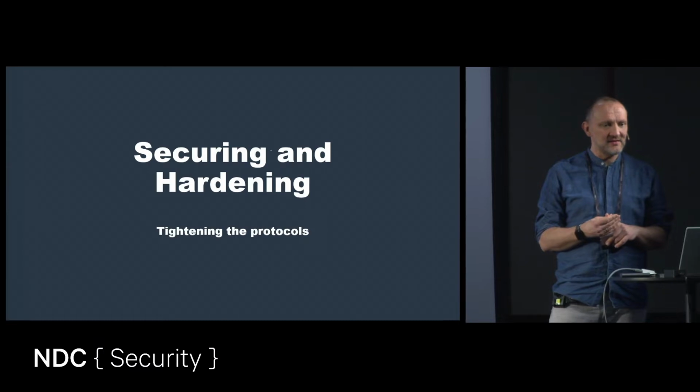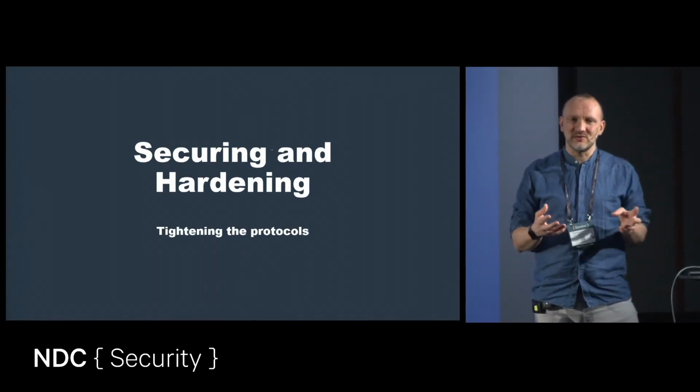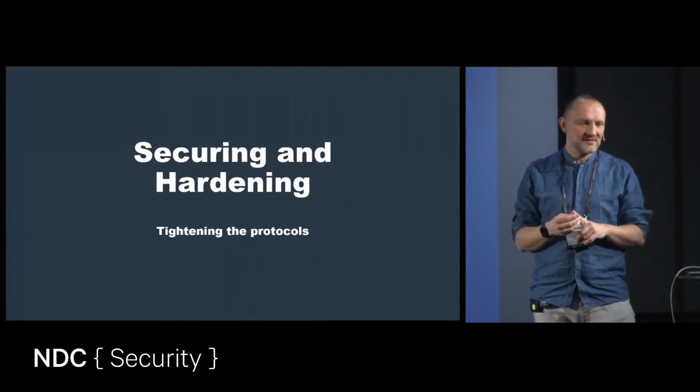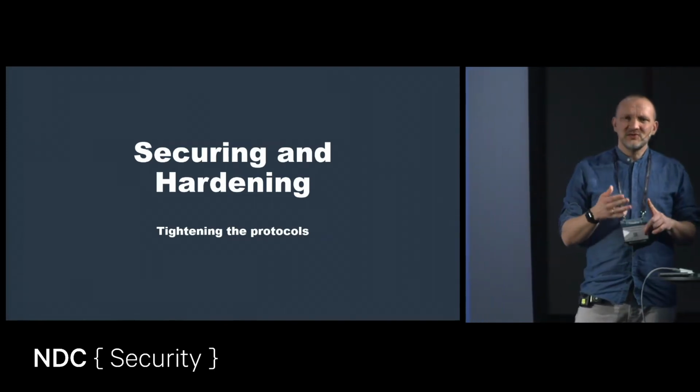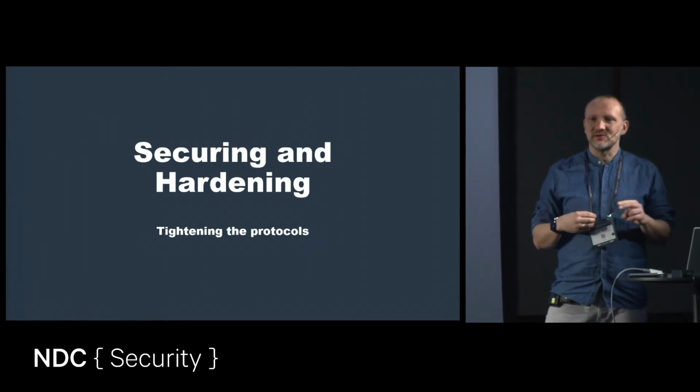But instead, there are best current practices. There are recommendations on how to use OAuth, for instance, that say, don't use this and that feature, do it this way, don't do it this way.